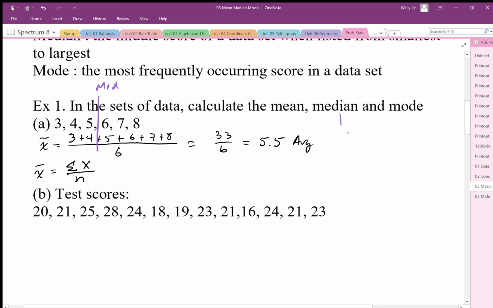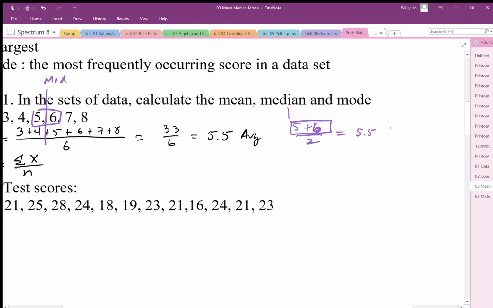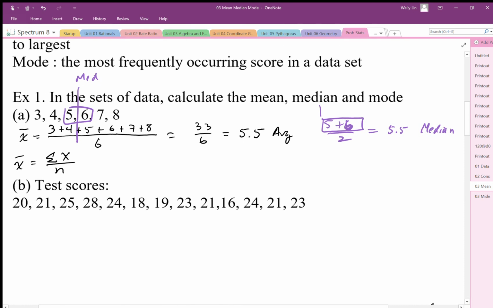So here we take the middle, 5 plus 6, and find the average of those, and we get 5.5. That's our median score. And the mode of this, well, there is no mode because there's one of each. No score occurs more often than another, so there's no mode in this case.